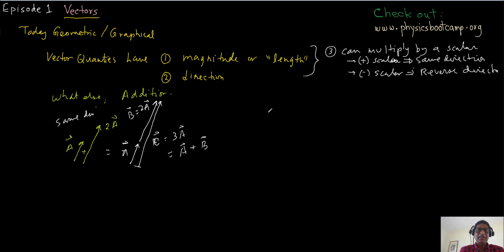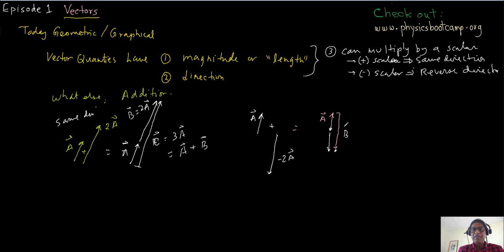Well, what happens if I do A but add minus 2A to it? You'll see what happens. I do the same thing. I draw A, go to the tip and draw this vector at the end of the tip. So I started here and ended here. That's the answer.